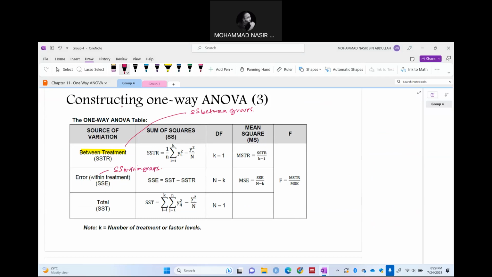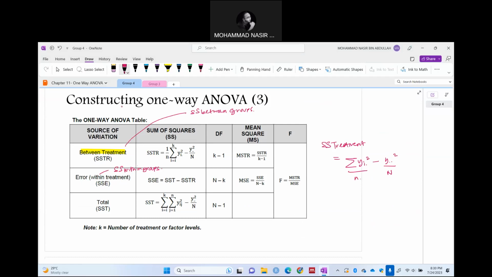So to find the sum of square treatment, it should be equal to summation of yi dot squared minus y dot dot squared divided by n. And this one should be divided by small letter n.